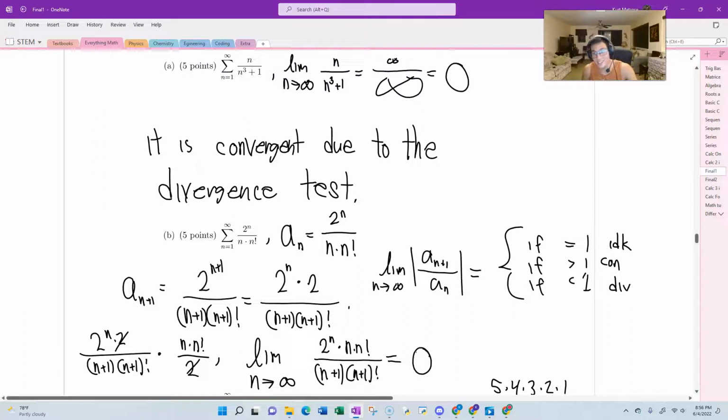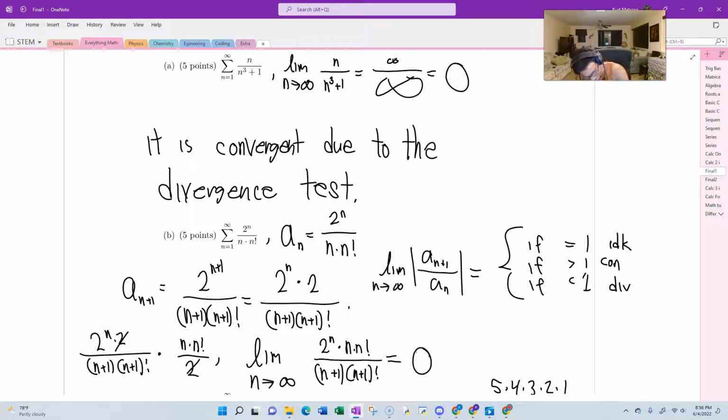I'm going to show you guys the answer. The reason I'm doing that here is because this question is a quick question: does it converge or does it diverge? All we need to know is to make this quick assumption and see that this limit does go to 0, because the bottom part will go to infinity much faster than the top part.